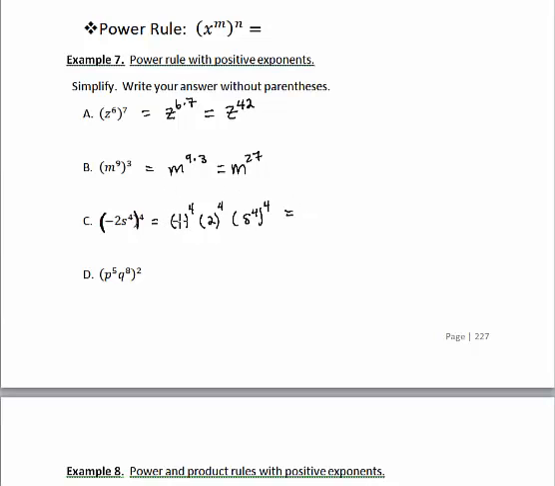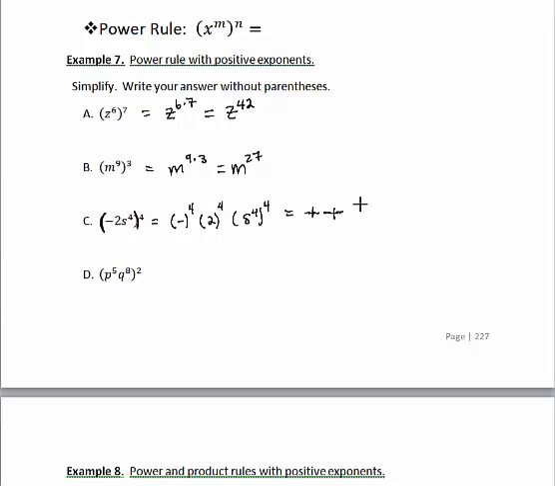Well, what is a negative times itself 4 times? Well, it's just a minus, minus, minus, minus. And if we apply the double negative rule, that simply gives us a plus from the first 2 and a plus from the second 2. An even number of negatives multiplied is a positive.